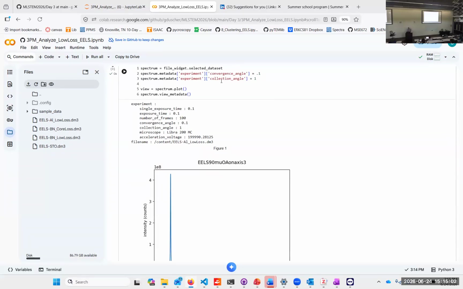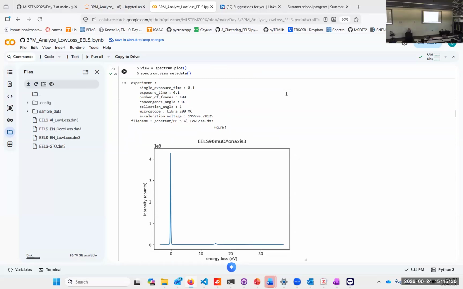If you don't set your convergence and collection angle, so this was acquired on a Neon, and the communication between Neon and Gatan computer is virtually not existent, so it doesn't know any of the settings, including it doesn't know anything about the convergence angle.